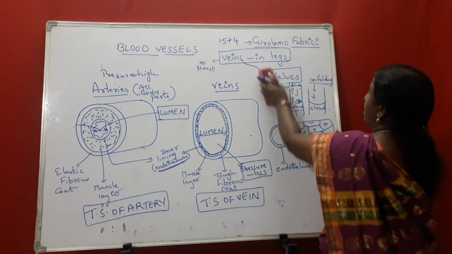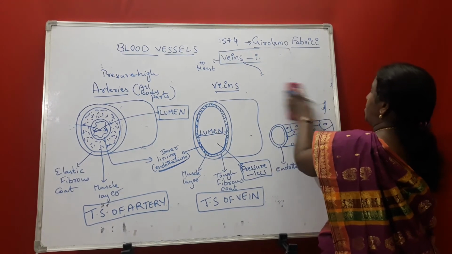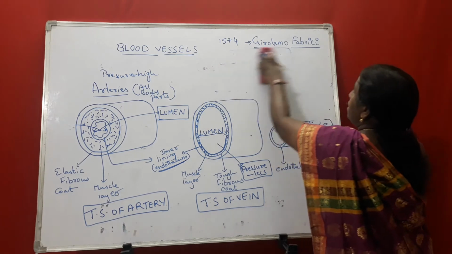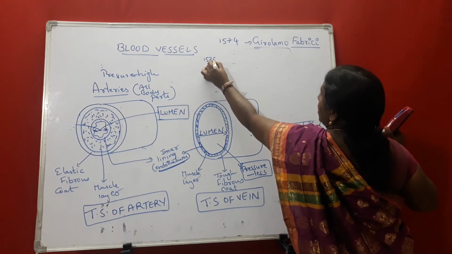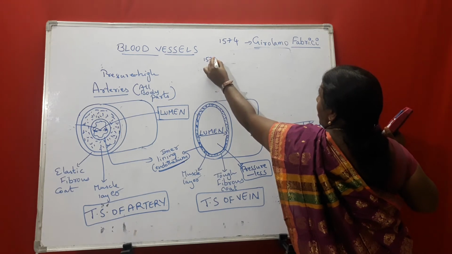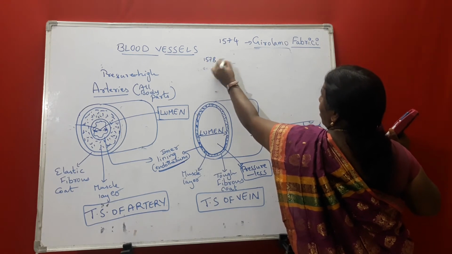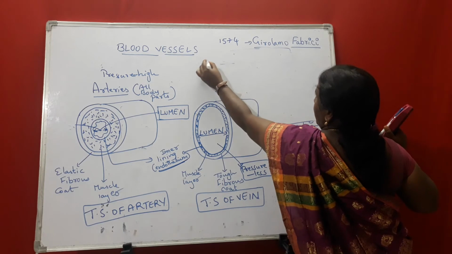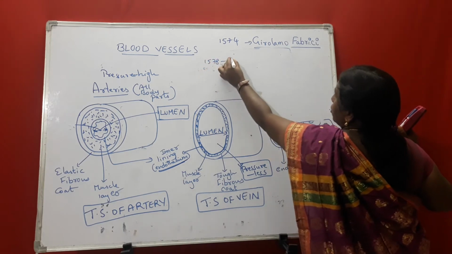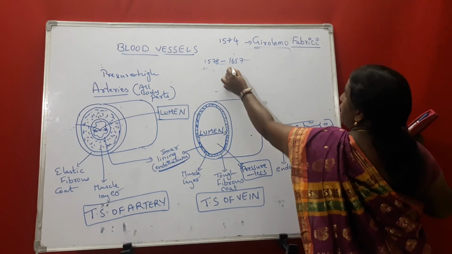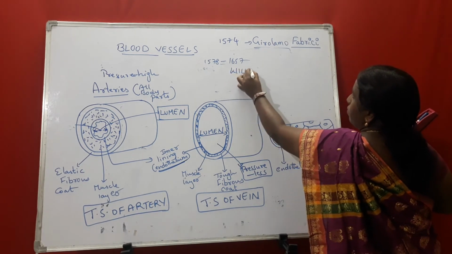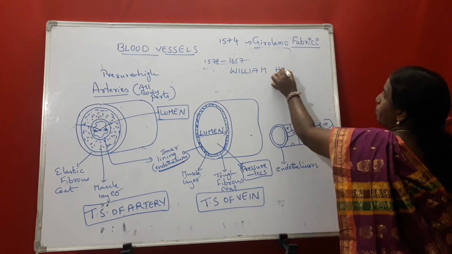Next, coming to another important scientist, who lived from 1578 to approximately 1657. The name of the scientist is William Harvey.